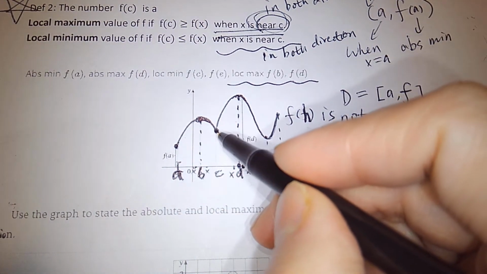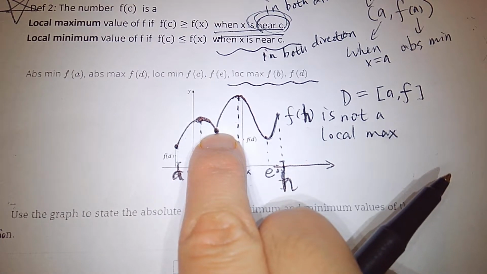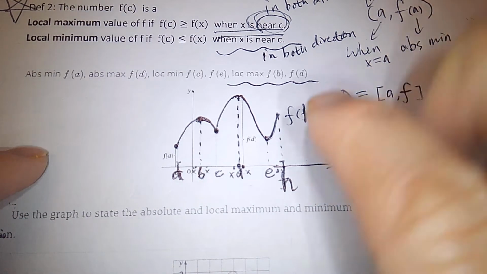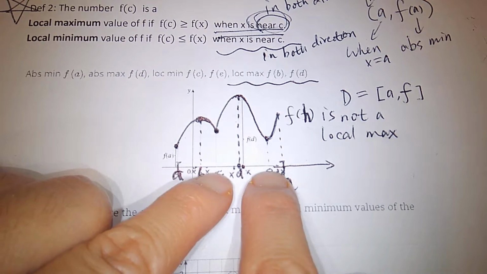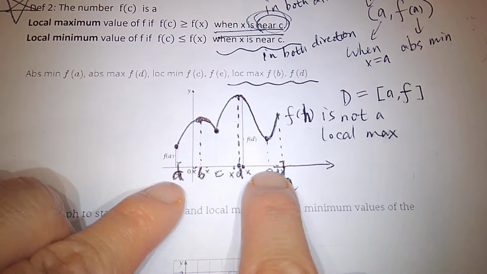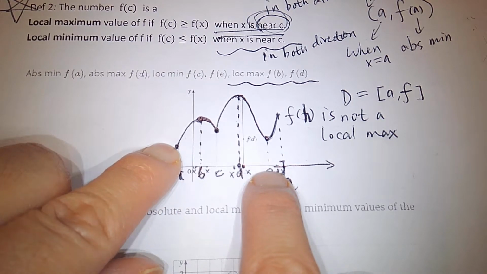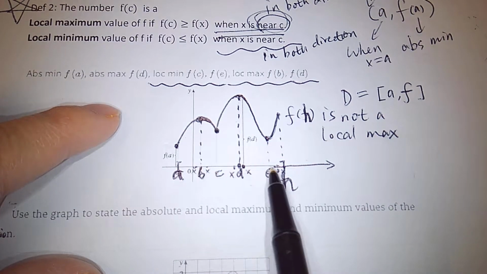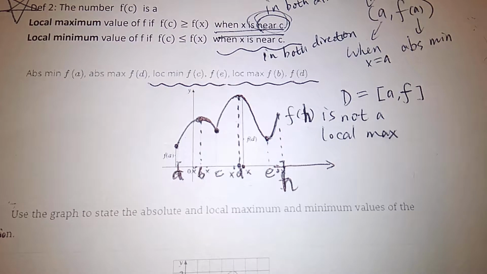Right, this is a local minimum because locally this point is the lowest point. How about another point, f of E? What do you think? Also a local minimum, right? Can we say f of A is also a local minimum? No, because it occurs at the endpoint. So the local minimums are f of C and f of E. And then what is the absolute maximum value?